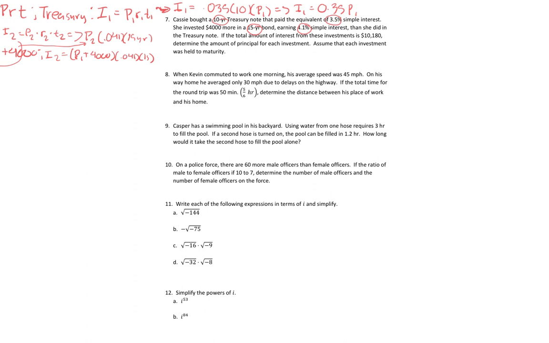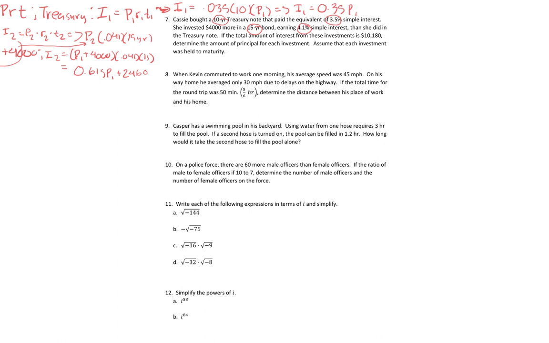And that's going to simplify to 0.615 P1 plus 2460. And now, if we continue on in this problem statement, it says the total amount of interest from these investments is $10,180.